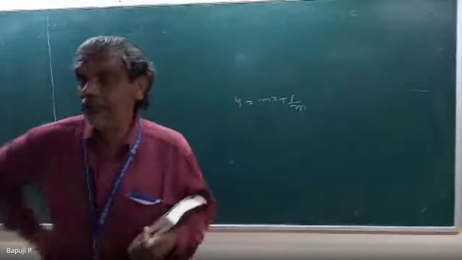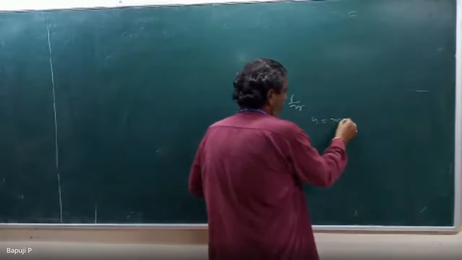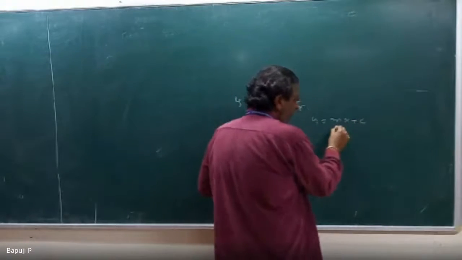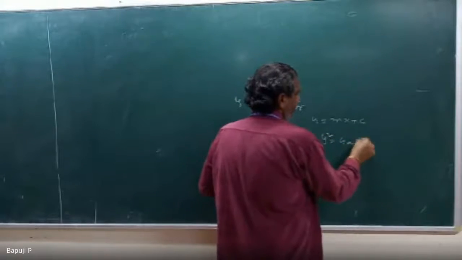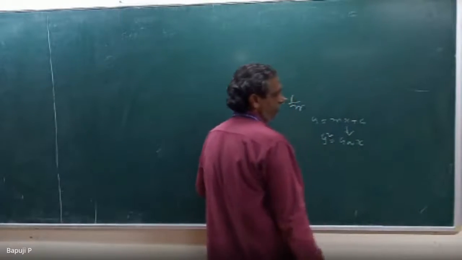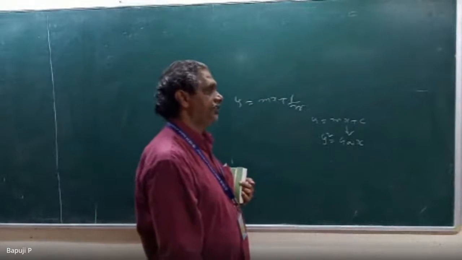That is not slope. Y is equal to mx plus c is the straight line. When this straight line becomes a tangent of this parabola, what is the condition?